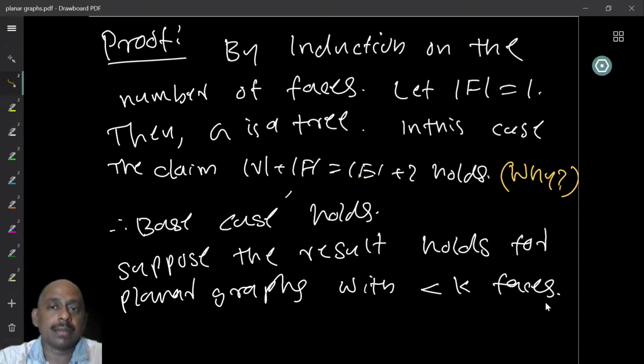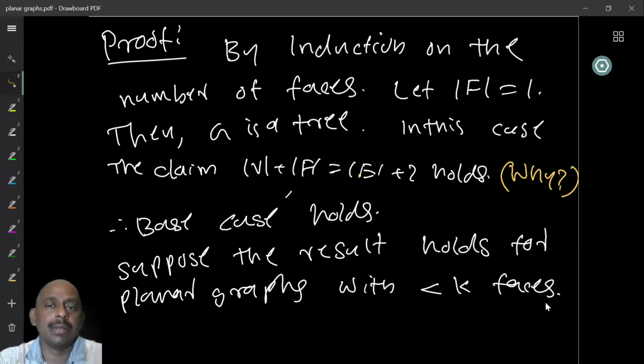So if the number of faces is equal to 1, when is the number of faces equal to 1 for an embedding on the plane? Only if there are no cycles. Because if there is a cycle, the cycle already separates the region into at least 2 parts.